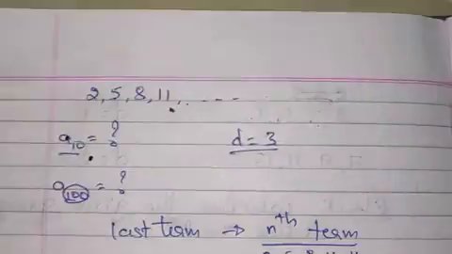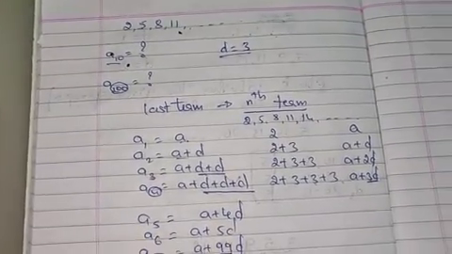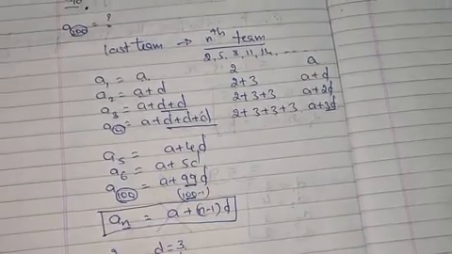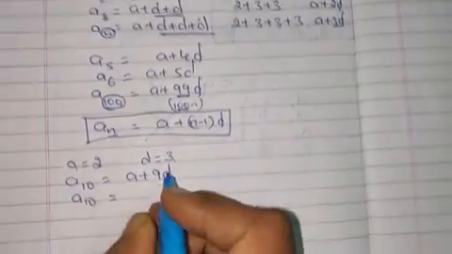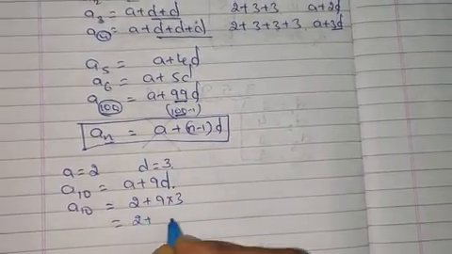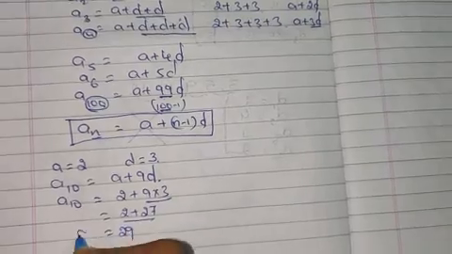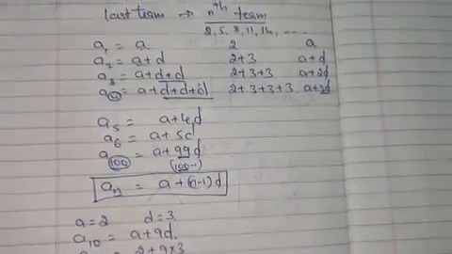So what is a? a is the first term. So a is equal to 2, d is equal to 3. So if I substitute a10, 2 plus 9 into 3. 2 plus 9 3s are 27. 2 plus 27 is 29. So a10 is 29.